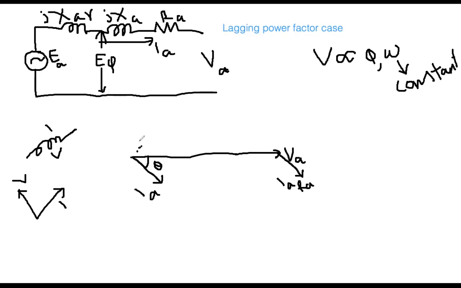I'm just showing it by dotted line. I don't want to show it here, so I have to draw a parallel line to this one. So here that will be my jXA into I. Everybody, could you follow what I'm saying?